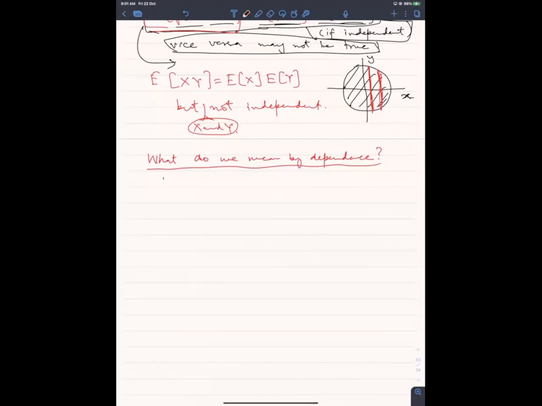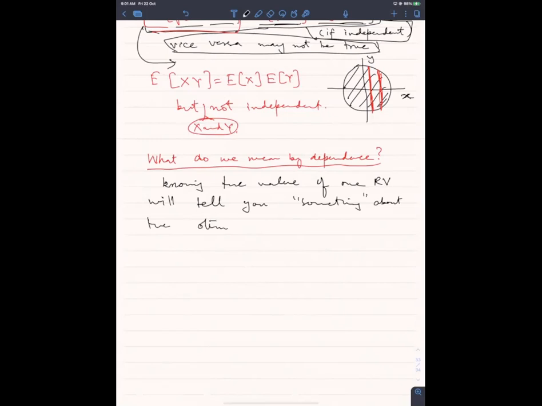Knowing the value of one random variable will tell you something about the other random variable.